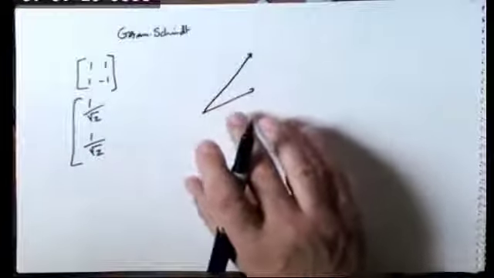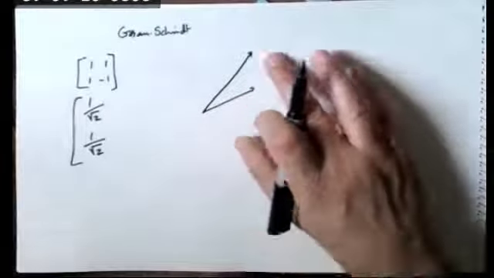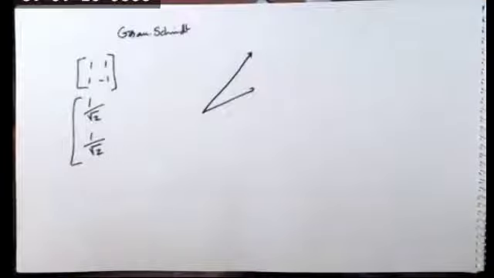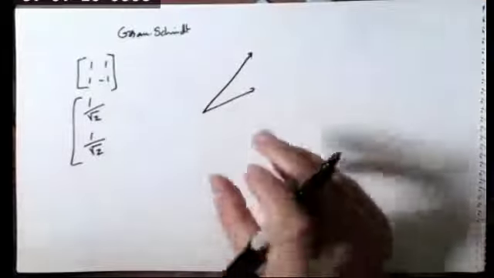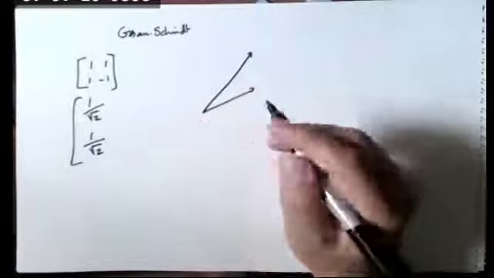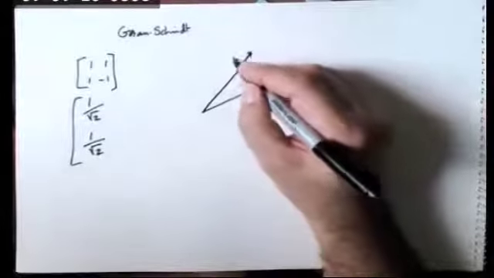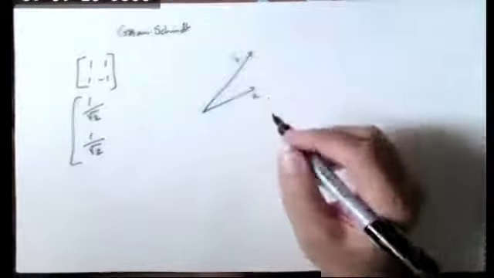So I've just taken two vectors. This is one vector and this is another vector. And I have to do two things now. I have to express both of these vectors. Let's call this A, and this is the B vector, and this is the A vector.